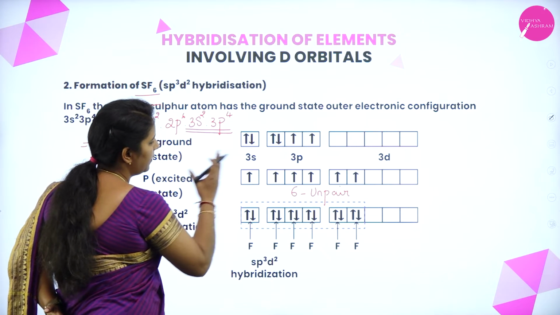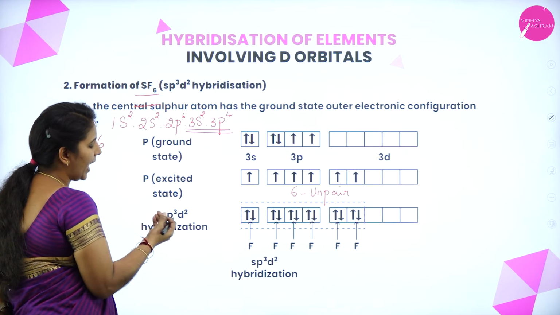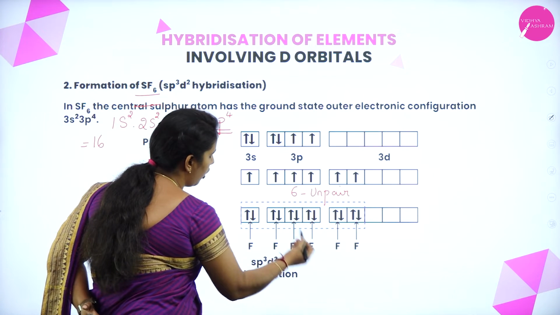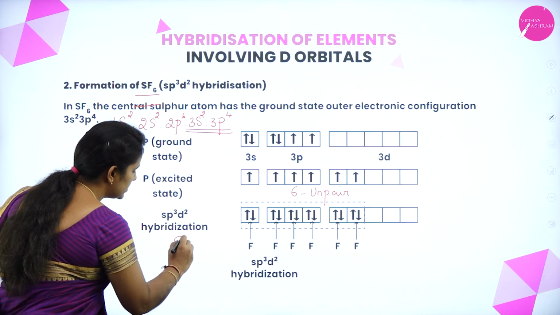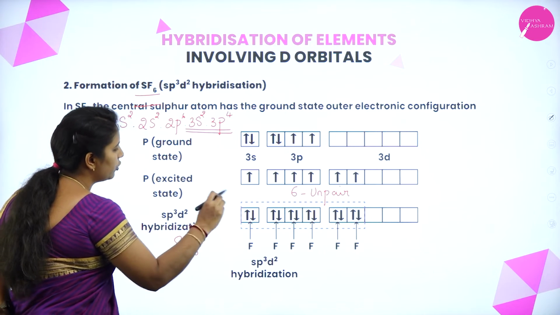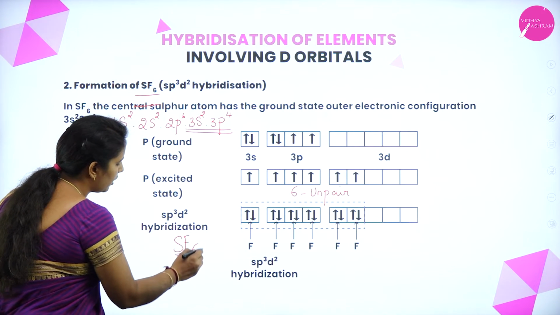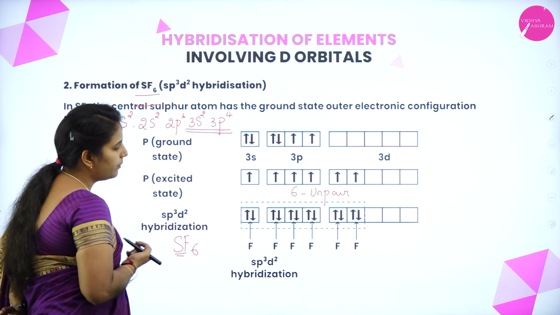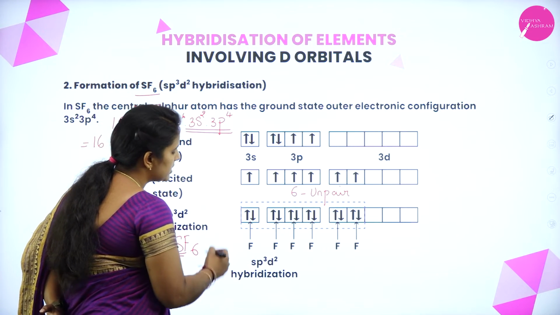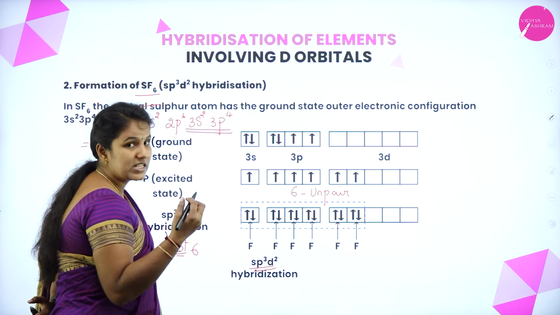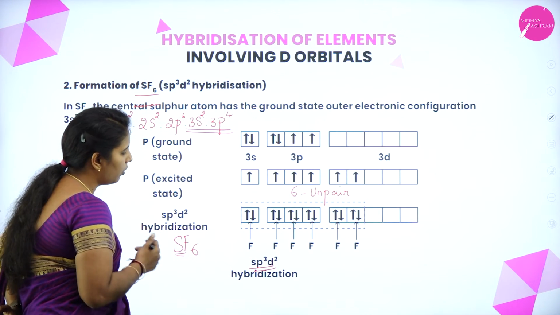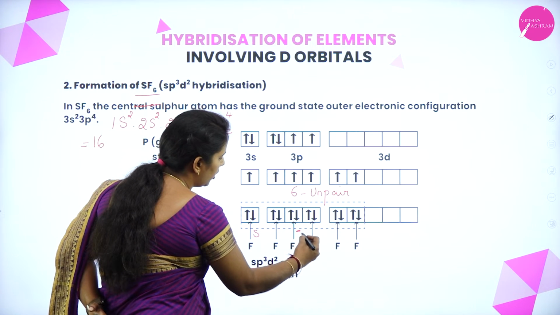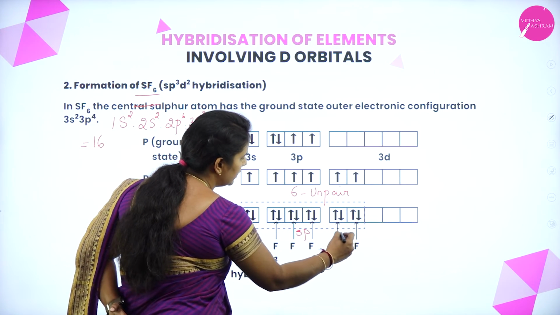And these 6 unpaired electrons react with the fluorine, which results in the formation of SF6. So sulfur will donate 6 electrons, and these 6 electrons will be accepted by the fluorine, forming SF6. We know that this hybridization is nothing but sp3d2 hybridization. How come? You can see that this is an s orbital, this is a 3p orbital, and this is d2.